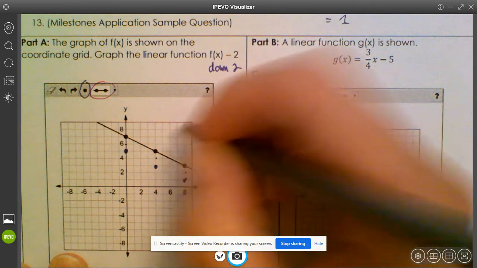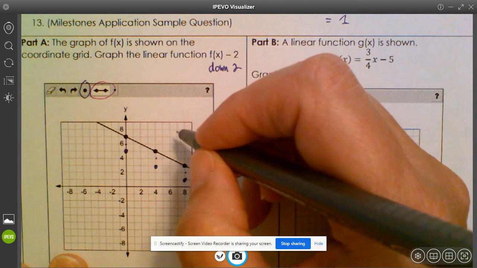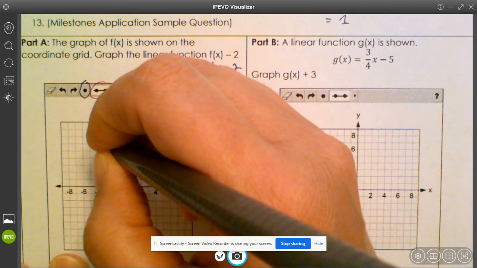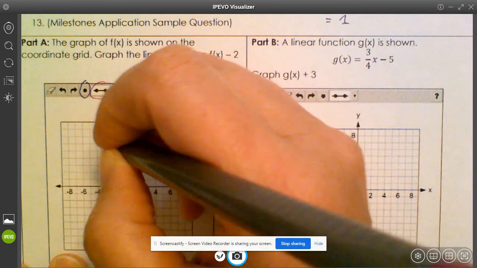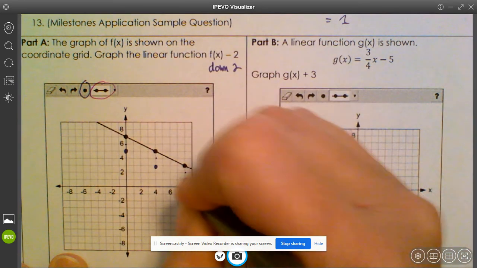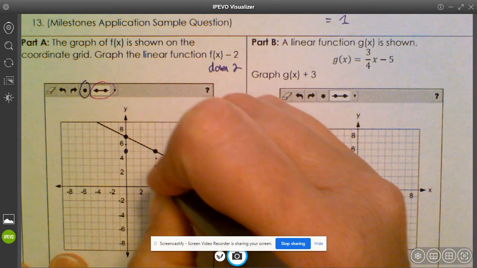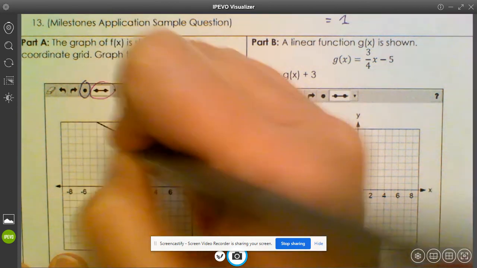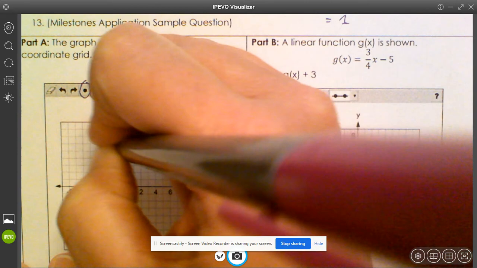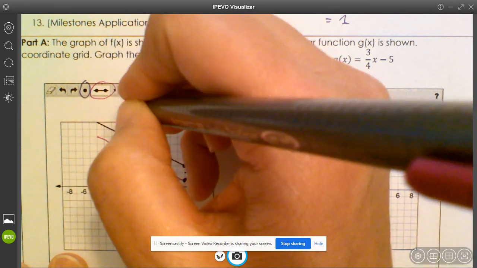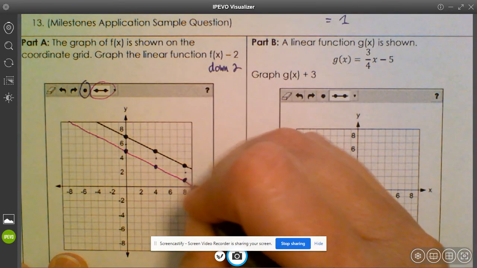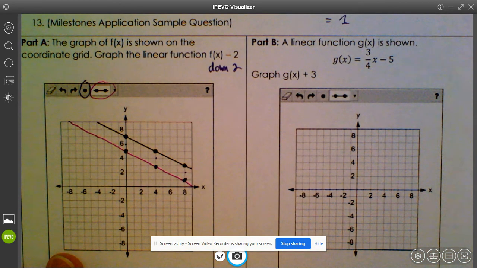And when you do that, the calculator or the computer will graph these for you, okay? I'm trying to get this perfect. Well, we know that's not going to happen. But once you've created your points, it will graph your line. And there it is. Or your segment, whatever the case may be, okay?